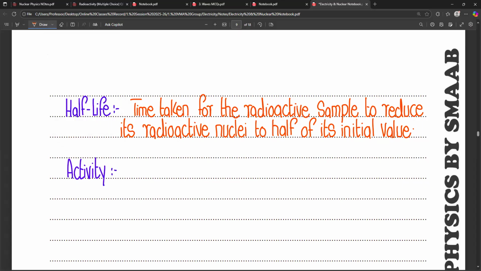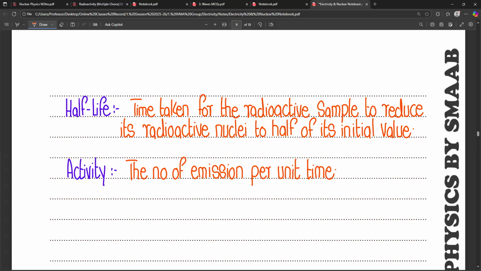So activity can be defined as the number of emissions per unit time.